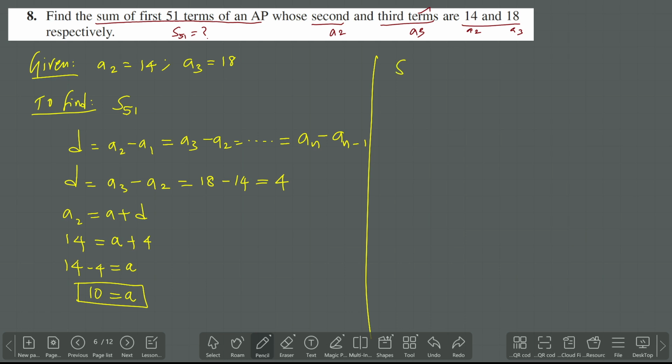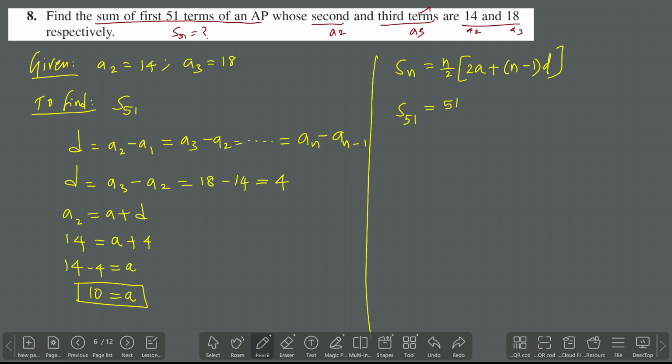I'm using the normal formula since they gave the A value and D value. If I wanted to use L, I would need A51, which I don't have. S51 they asked, so N is 51.